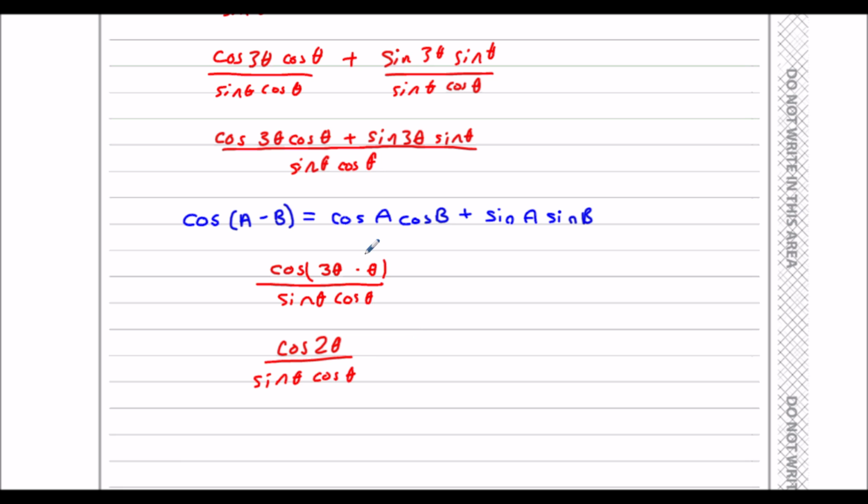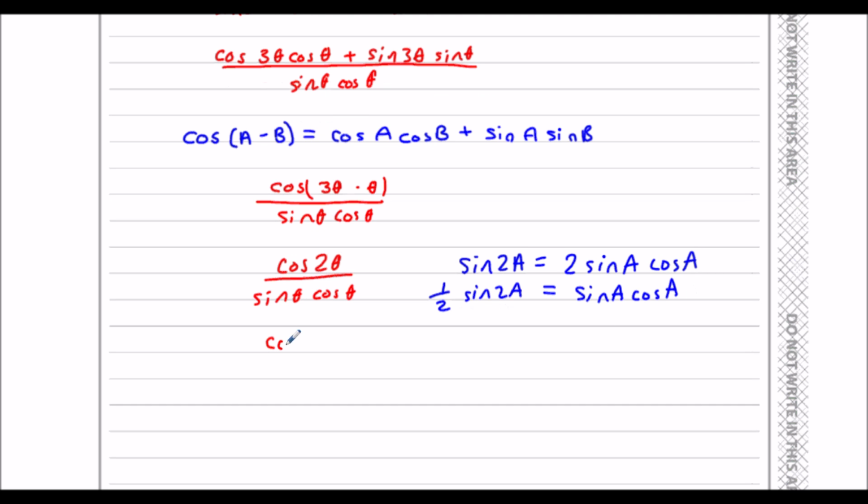And we can also use our double angle formula for sine 2 theta. So we know sine 2A is equal to 2 sine A cos A. So if we halve both sides, half of sine 2A is sine A cos A. So here we've got sine theta cos theta, we can change it into half sine 2 theta.